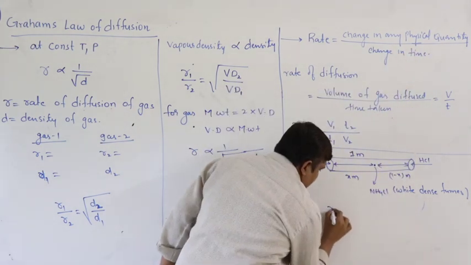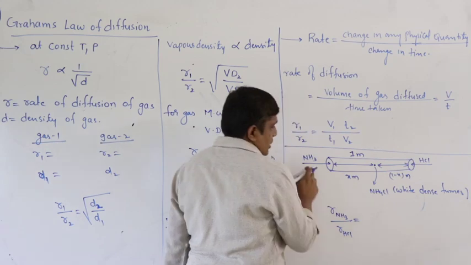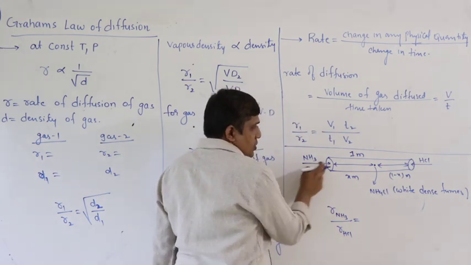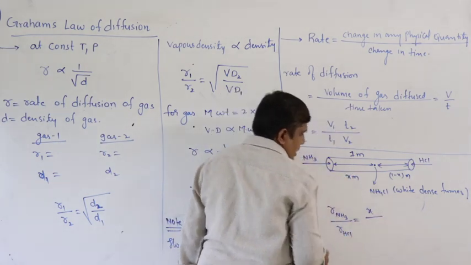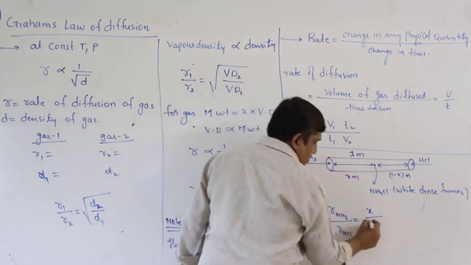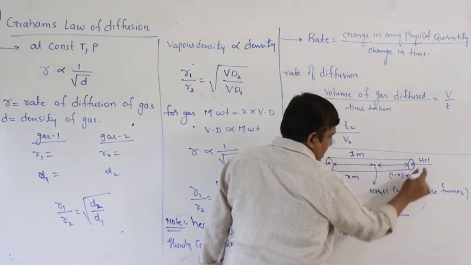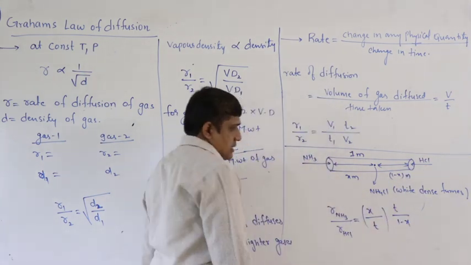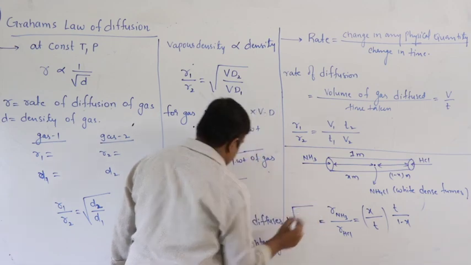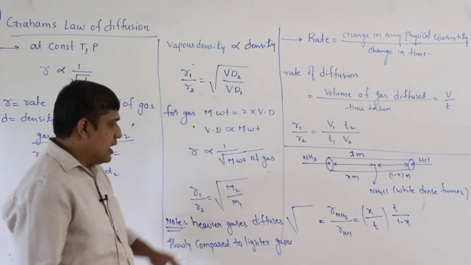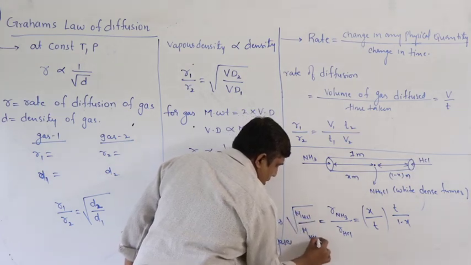So here rate of diffusion of ammonia by rate of diffusion of HCl equals distance travelled by ammonia, x meters, by time taken, over distance travelled by HCl, that is 1 minus x, by time taken. Time will be cancelled. Now x we have to find, we do not know anything else, so we use this relation, that is molecular weight of HCl by molecular weight of ammonia.